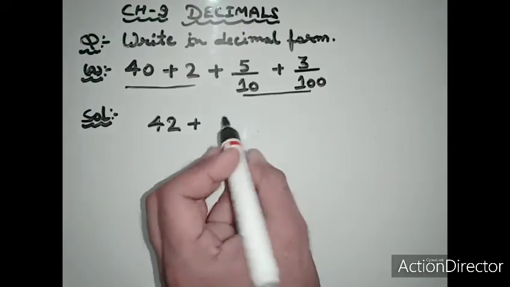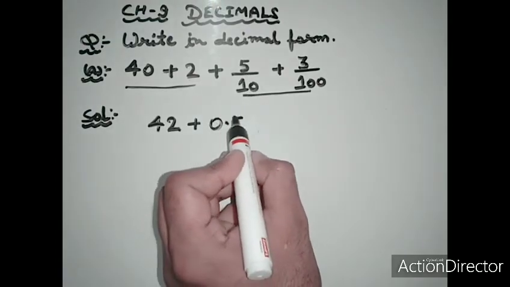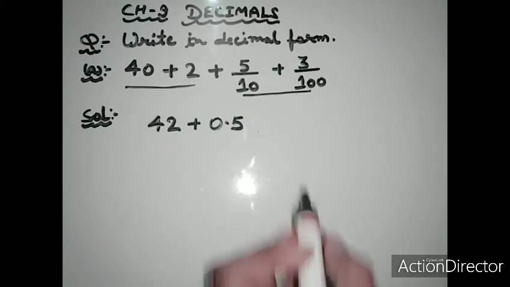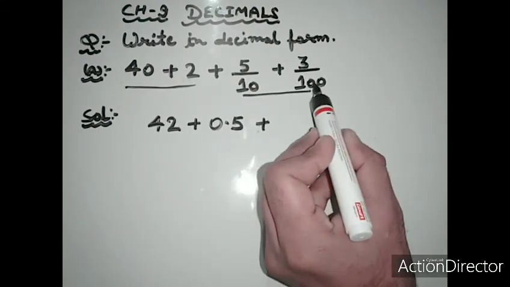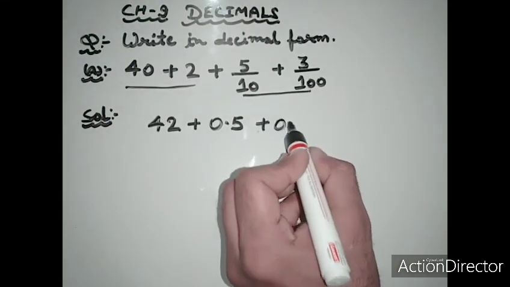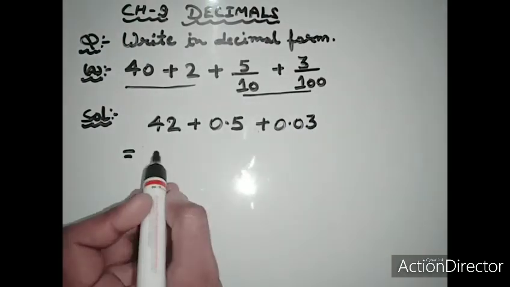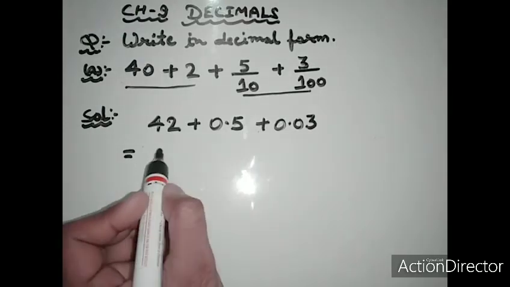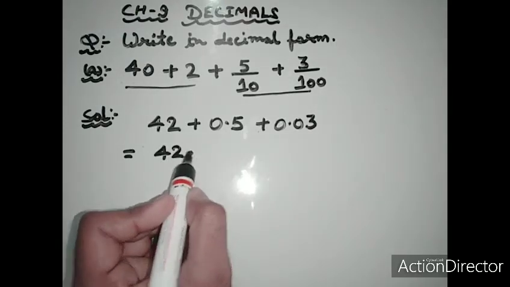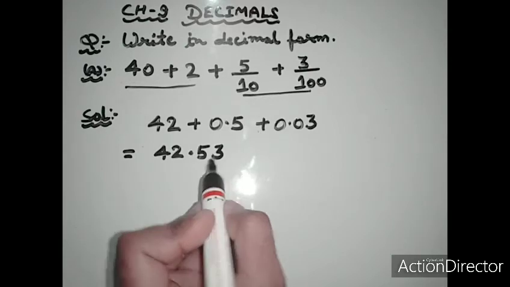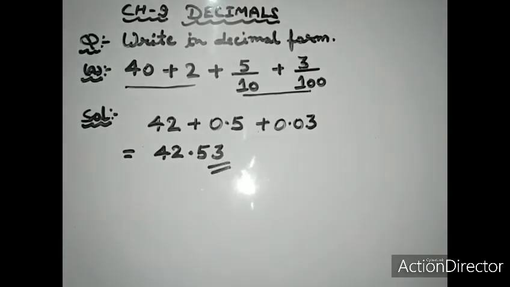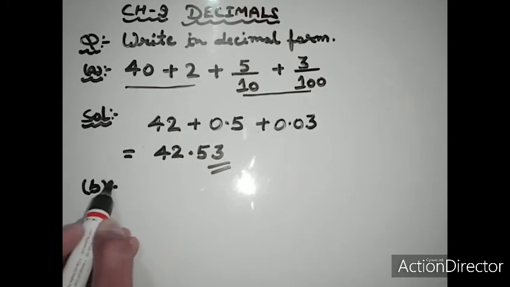So 5 upon 10 is 0.5 plus 3 upon 100 as 0.03. Now we add all three numbers, 42.53, and we get the decimal form of this number as 42.53.